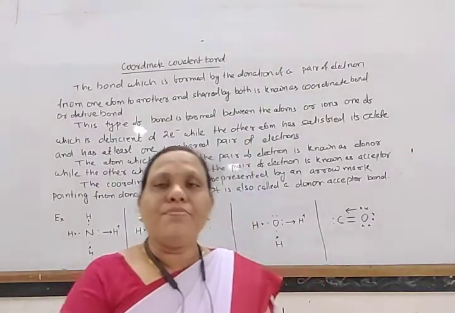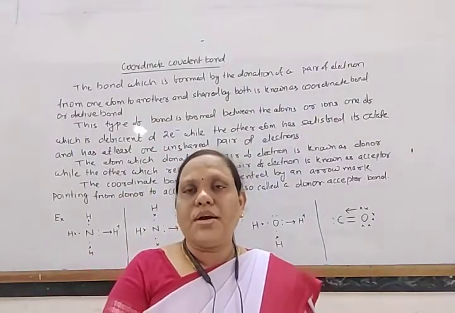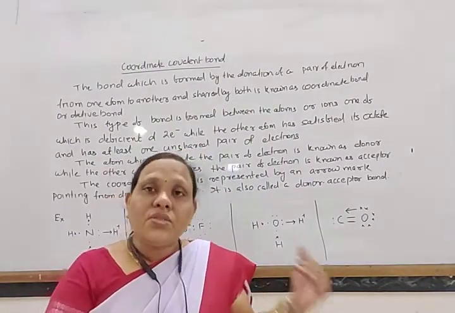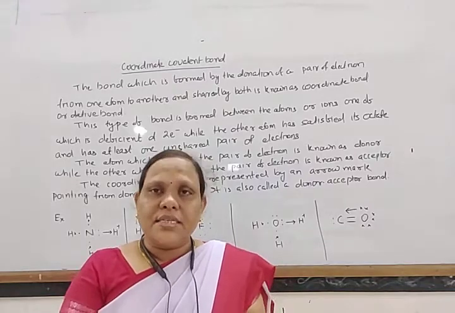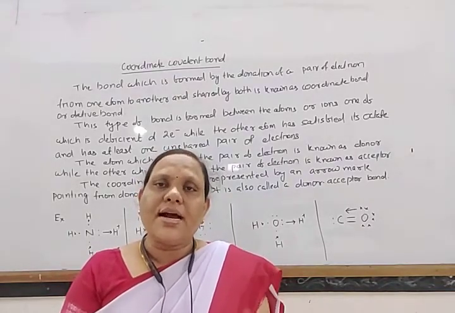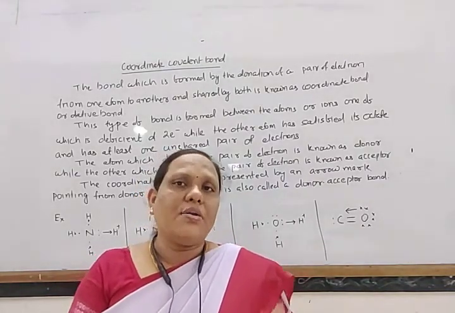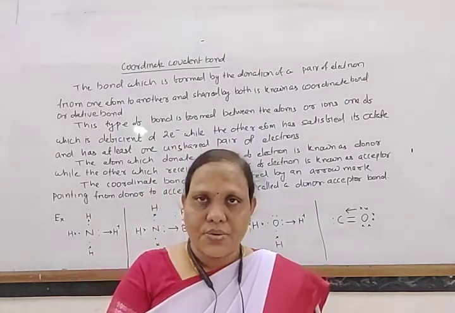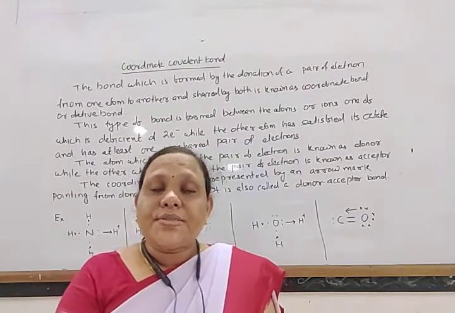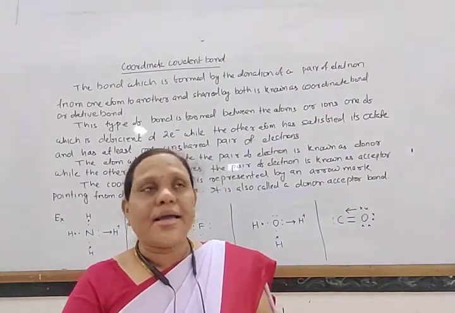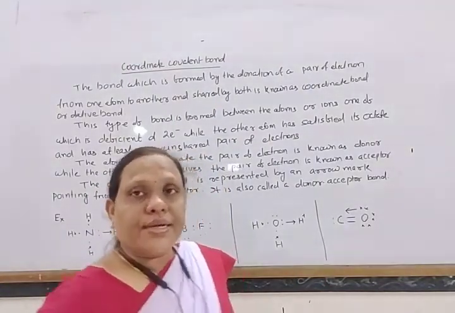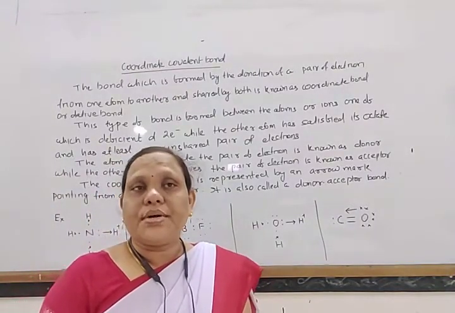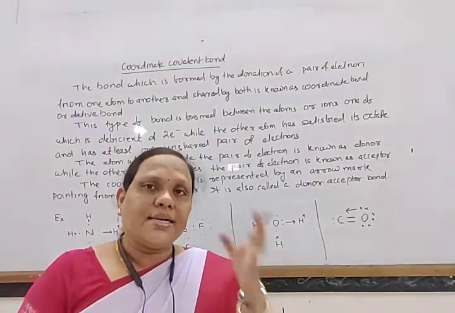For coordinate bond formation, one atom should be deficient of a pair of electrons while the other atom satisfies the octet and has at least one unshared pair of electrons, or we can say lone pair. This coordinate bond is represented by an arrow pointing from donor to acceptor.